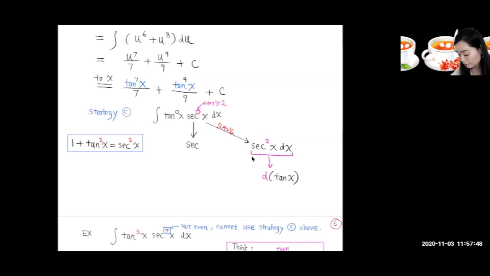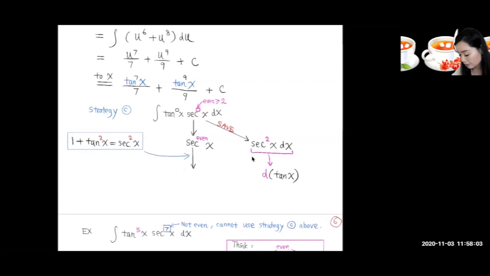Then you're going to use this identity, and you express that in terms of tangent x. Okay, so that was the strategy to deal with this.